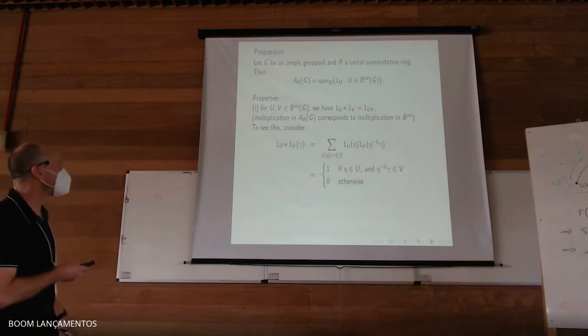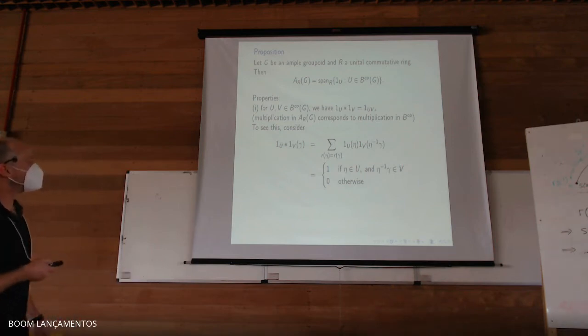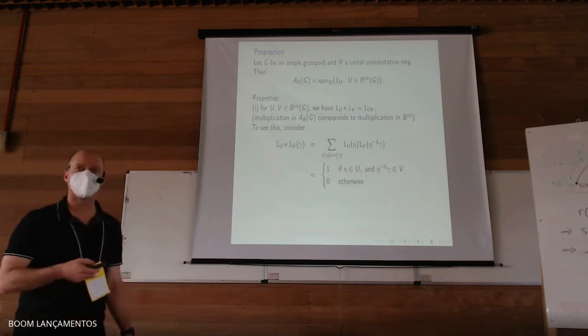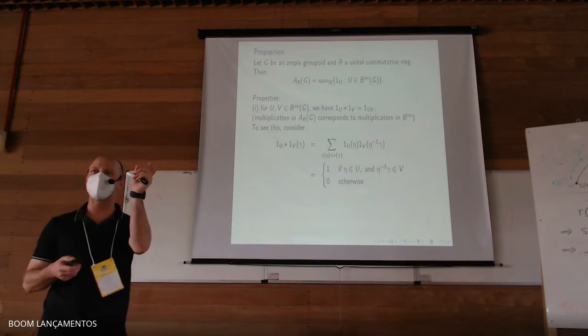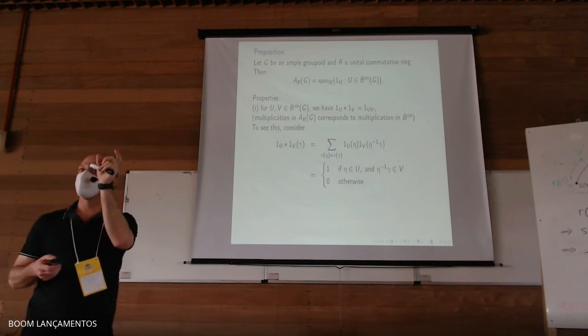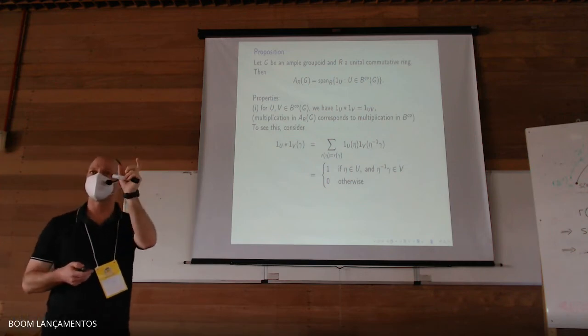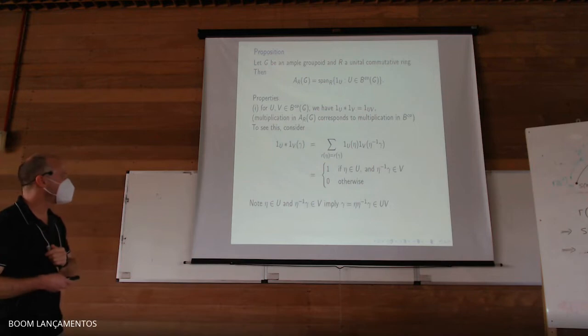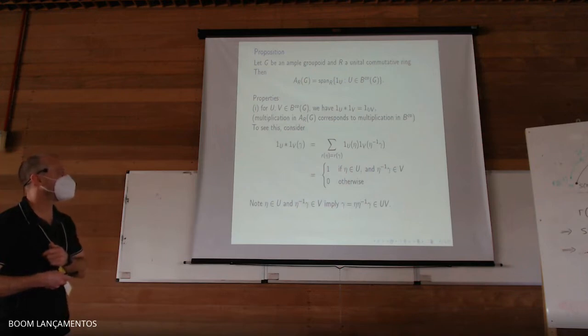All right, so what does it mean over here? Well, if eta is in U and eta inverse gamma is in V, then those two elements should be composable, because we know any groupoid element and its inverse is composable, and then we have associativity, right? So that implies that we can compose them, and what we end up with is just gamma. So gamma must be an element of this product in the inverse semigroup.